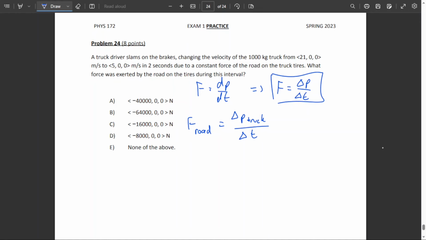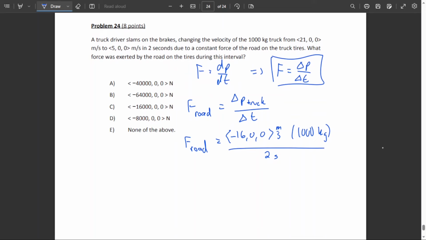The change in momentum of the truck is going to be the change in velocity of the truck times its mass, and we're given the change in time. So, velocity of the truck changes from 21 to 5, so that'd be like minus 16. And then its mass is 1,000 kilograms. And then all this over the change in time, which is 2 seconds.